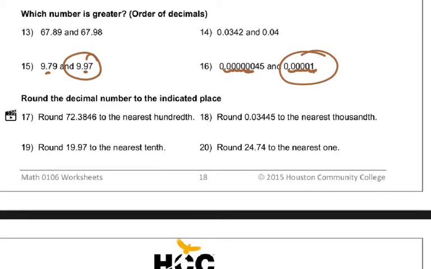Now number 17. This question is very, very important to make sure you understand how to do this. So we talked about place values earlier. We said this is the 10th, this is the 100th. So we're looking at 8 here as the 100th place. How do you round? To round, you look at the digit to the right, and it's 4.